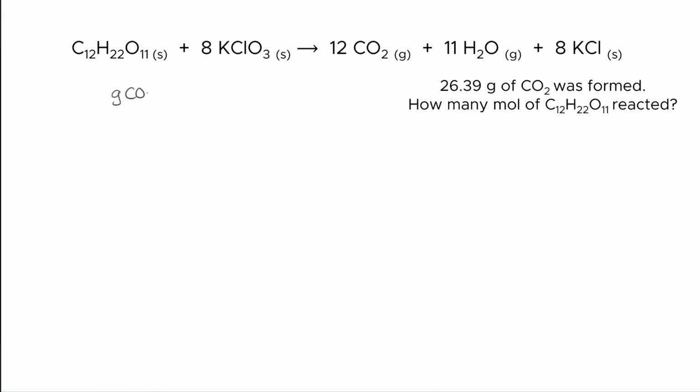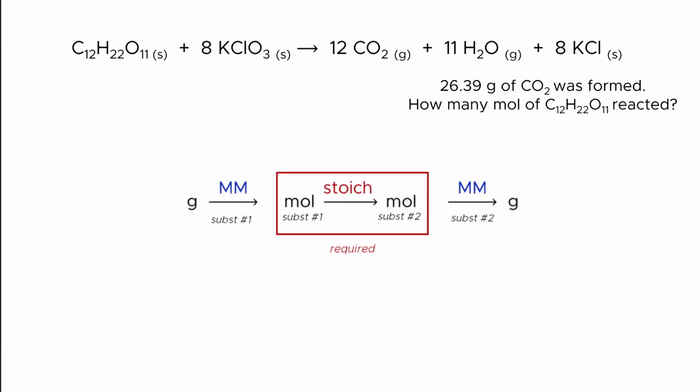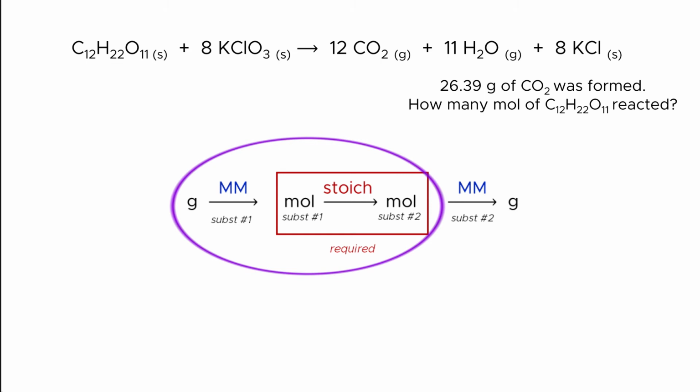In our third example, we are given 26.39 grams of CO2 and are asked to calculate moles of sucrose. CO2 is substance 1 and sucrose is substance 2. We are given grams of CO2, so we'll need its molar mass.